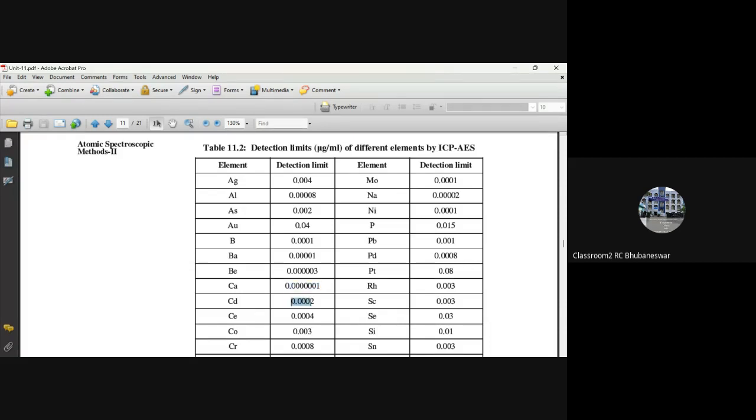Just see the cadmium contamination, so small an amount, 2 into 10 power minus 4. I don't think we can detect that very well through other techniques.